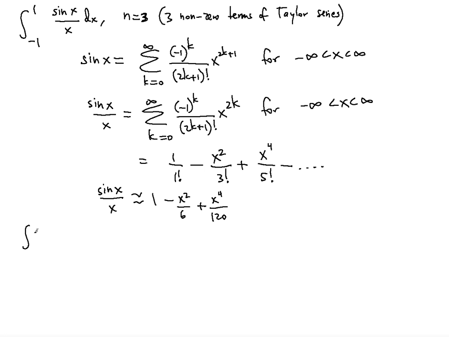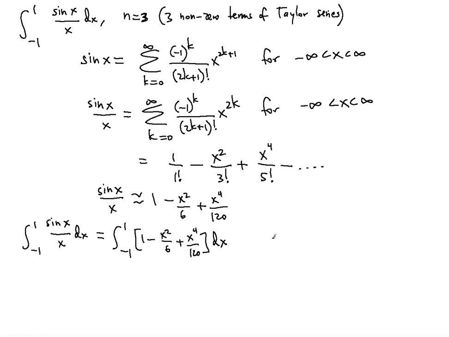So this integral of sine x over x dx is transformed into the integral of 1 minus x squared over 6 plus x to the 4th over 120 dx.